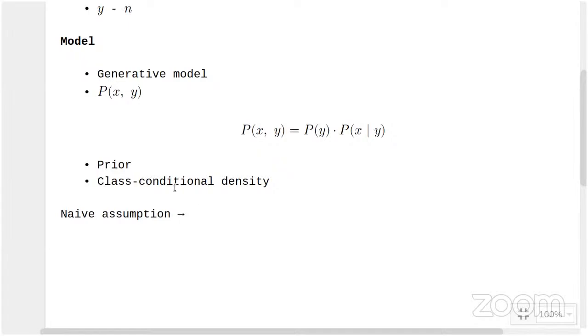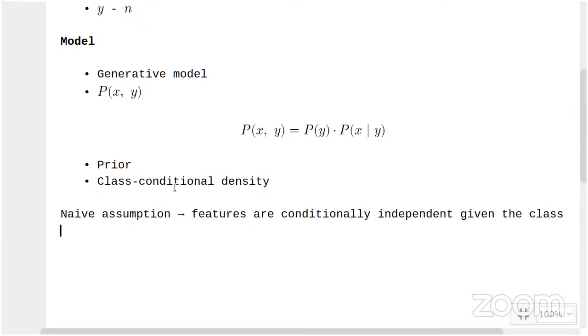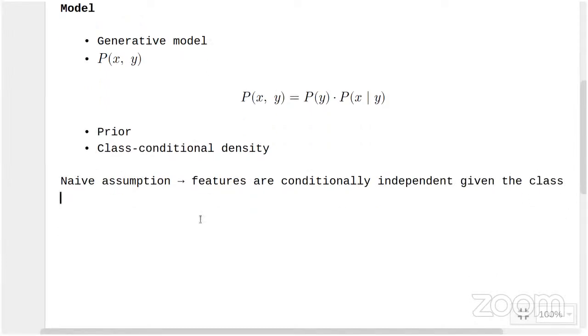Conditional independence: the class conditional densities are independent for all features. Features are conditionally independent given the class. So it's class conditional independence.